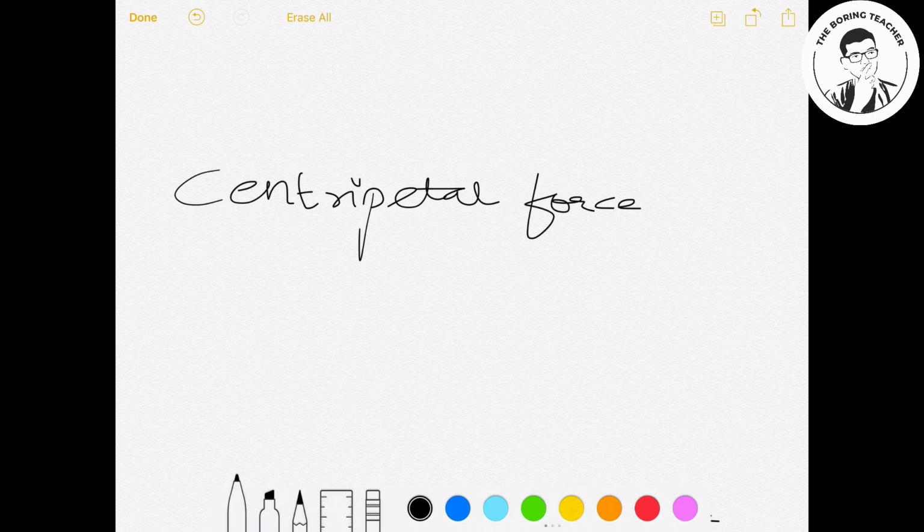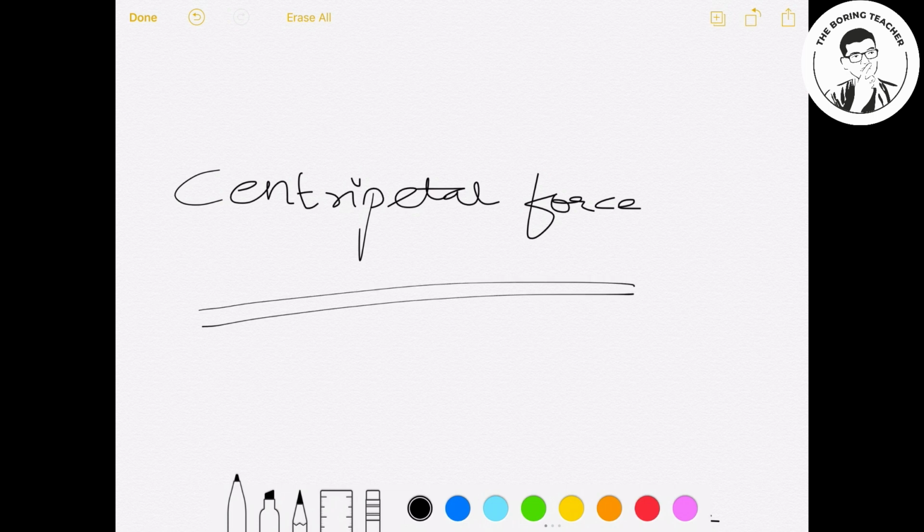Does it mean that a force must be acting on that particle at each and every point of time? That is the only logical explanation. So if an object needs to change its direction, a force has to act upon it. So in case of a circular motion, a force must be acting at each and every point of time on that object. That force, we are going to name as the centripetal force.